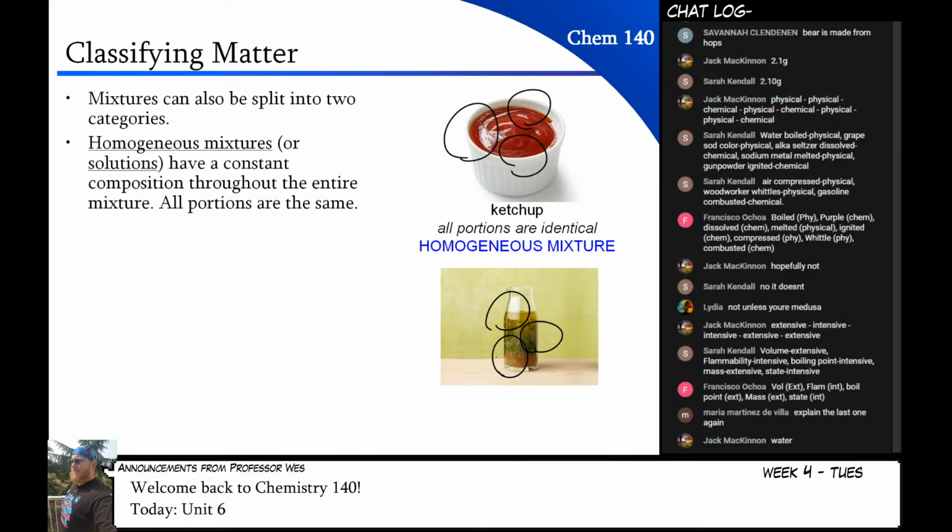We're going to consider that to be a homogeneous mixture. A homogeneous mixture is consistently the same throughout the entire substance. All portions you take are the same. They cannot be discerned by our eye or senses or whatever.